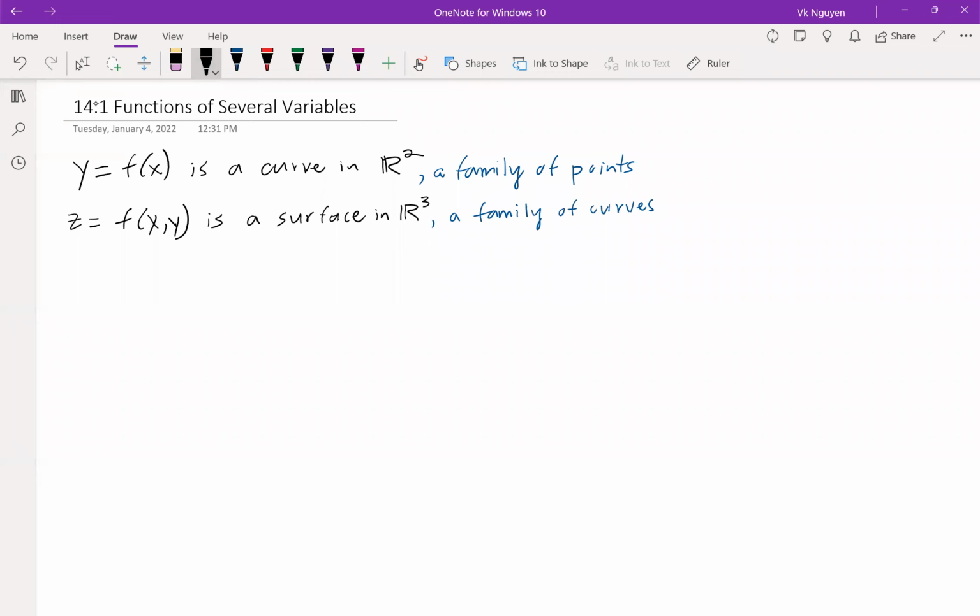We also have f(x,y,z), a function of three variables. Let's call it a density function of some 3D solid object.